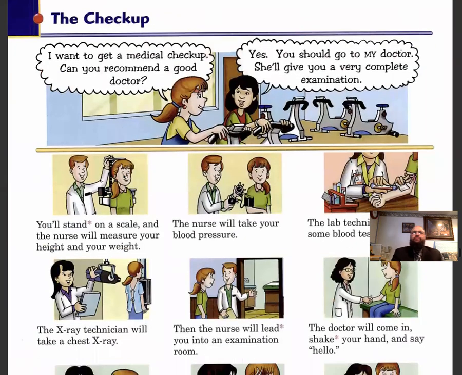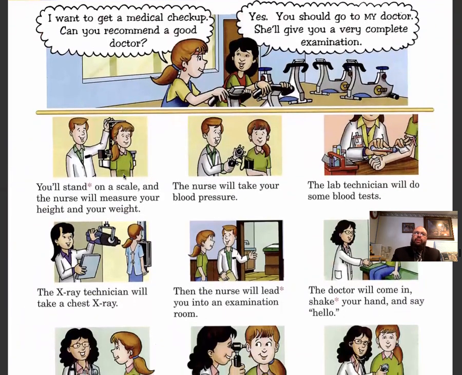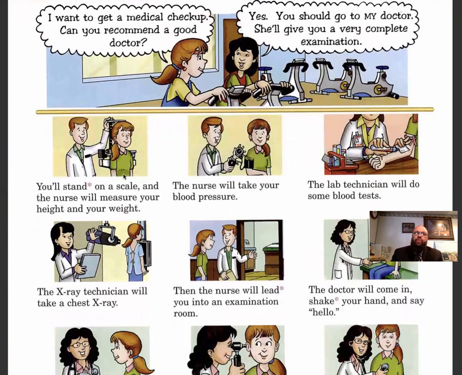All right, the checkup. I want to get a medical checkup. Can you recommend a good doctor? Yes. You should go to my doctor. She'll give you a very complete examination. We're going to read this all together, sideways.